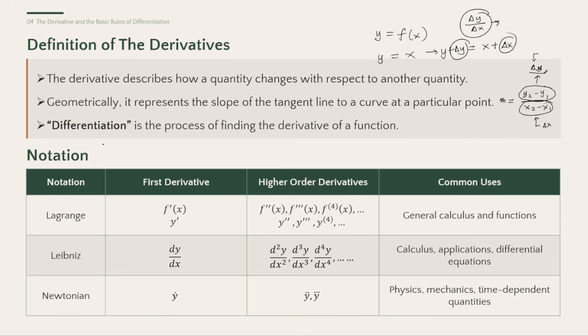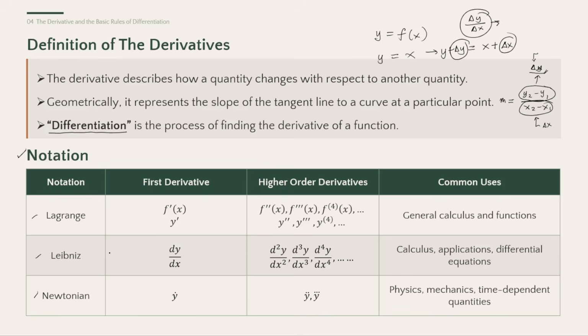Now, we also have this term differentiation. Differentiation is simply the process of finding the derivative of a function. Meaning, if you are asked to differentiate a function, you are being asked to obtain or derive the derivative of that function. The notations used for differentiation or derivatives are, first, the Lagrange notation, then the Leibniz and Newtonian.